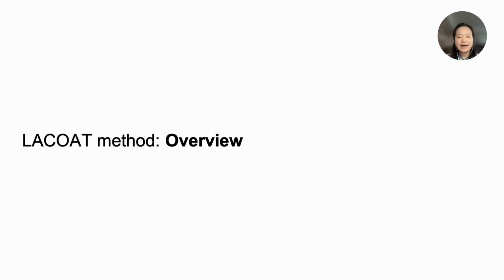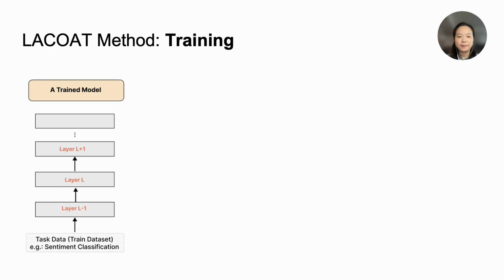To better understand how the LACOAT method works, we will discuss the overview of our method. At training time, in the LACOAT method, we will first input the training set into a trained model.